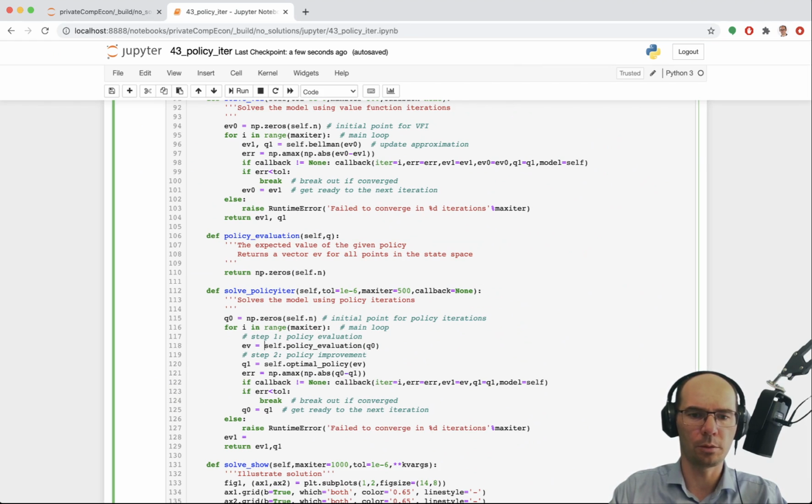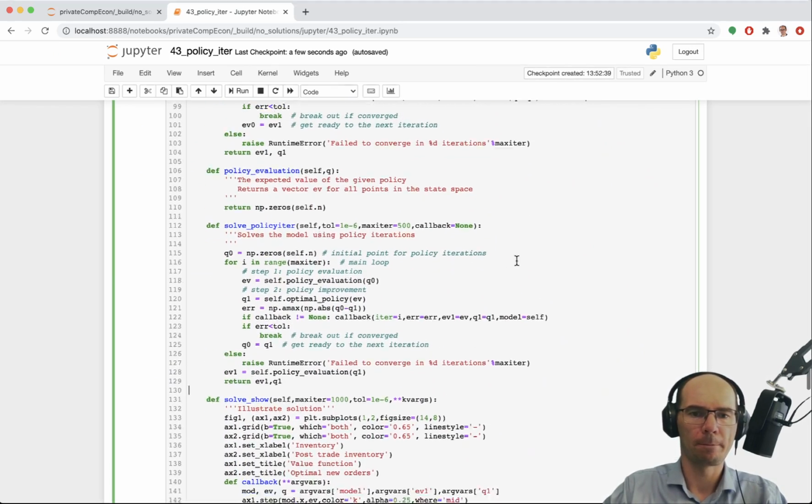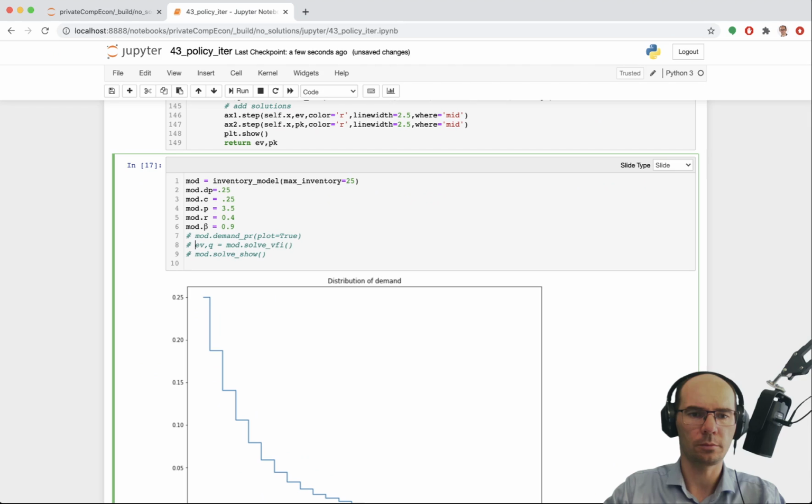Now we can also evaluate this policy before we return Q1. Okay. So I suppose I can now start testing and calling this solver, policy iter.